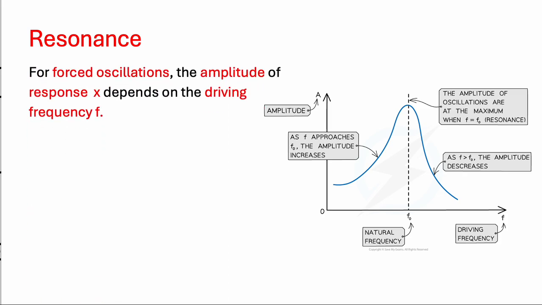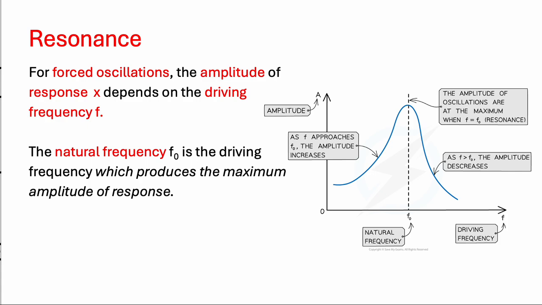When we have a forced oscillation, the magnitude, the size, the amplitude of that response depends on the driving frequency. Now that is something quite new to us. Usually we know that frequency and amplitude are not related in any kind of wave. We can have any wave with any frequency, any amplitude, they are independent. However, for forced oscillations, they are not independent.